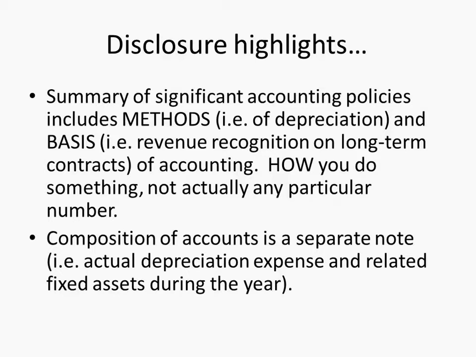Okay? How do you recognize revenue on long-term contracts? It's going to give you methods for things. It's going to give you the basis that you use, but it's not going to give you any particular number. Other notes, composition of accounts, is going to be in this other notes. And all of these other items that I discussed. Okay? If they're not methods, then they go into other notes.